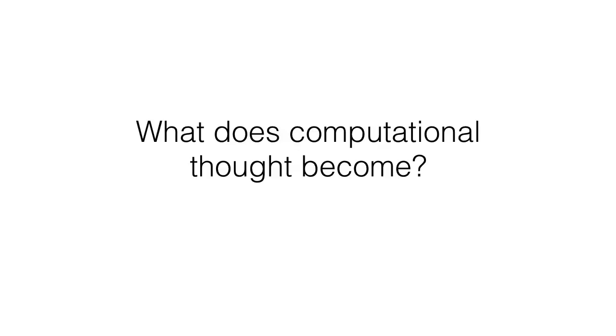So what does computational thought become? All right, so we've walked through these steps and we've expressed things, we've broken them down, and we capture those expressions, and they're repeatable and they're actionable, and they always give us the exact answer. All right, so what does that become? It becomes software. There's a purpose for this.